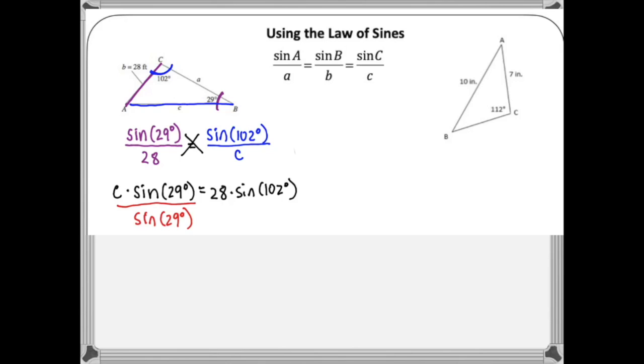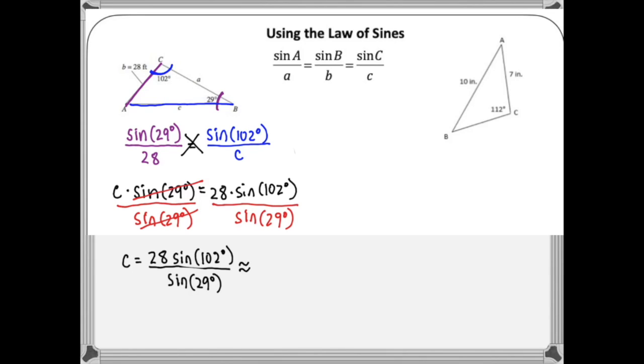When we divide off on each side, these cancel out, and we'll get the final exact answer here for the side c. However, we do want to approximate this because that is a little bit too nebulous for us to imagine what that is.